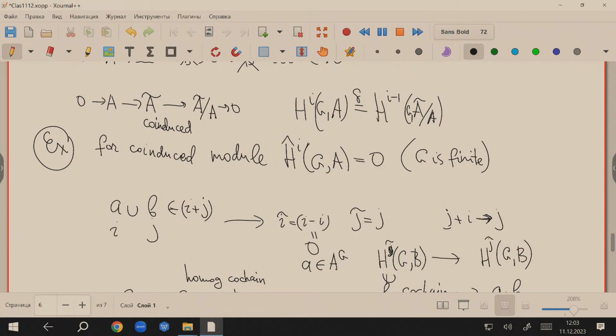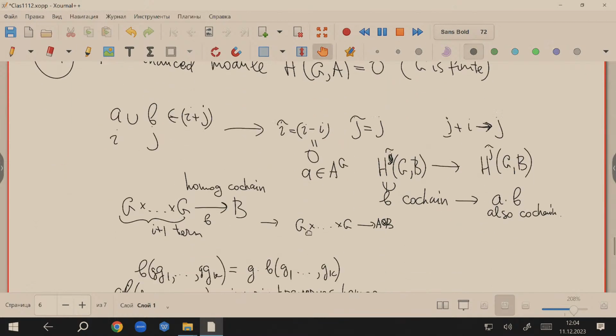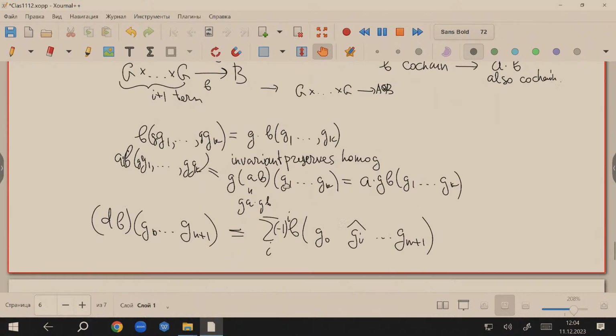That is a benefit of Tate cohomology. That's why they are more important for us than other types. So we use the tensor product.